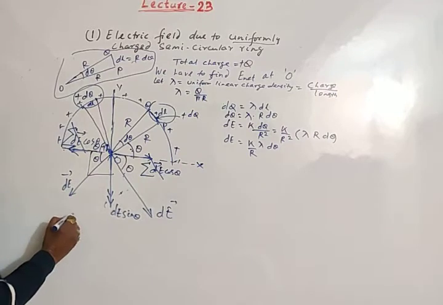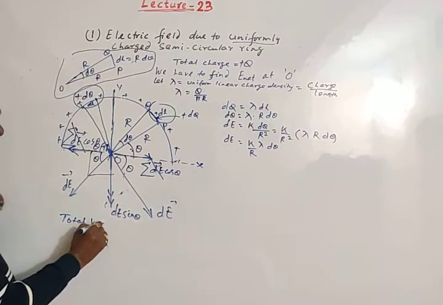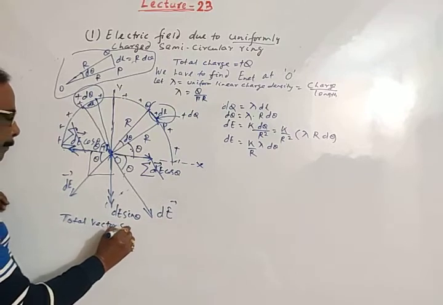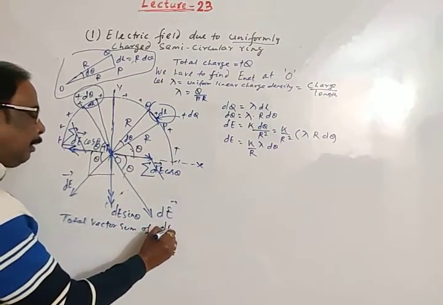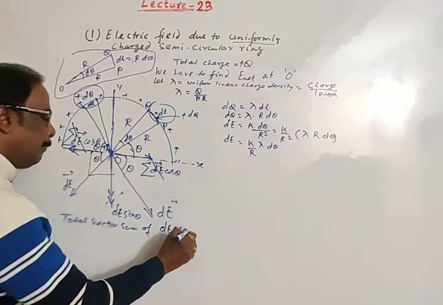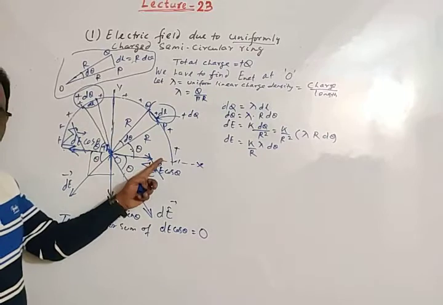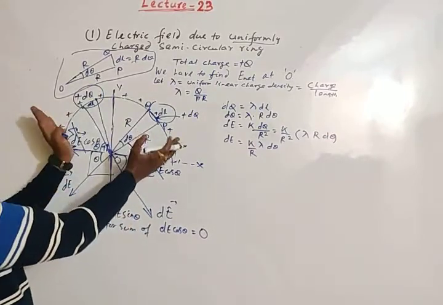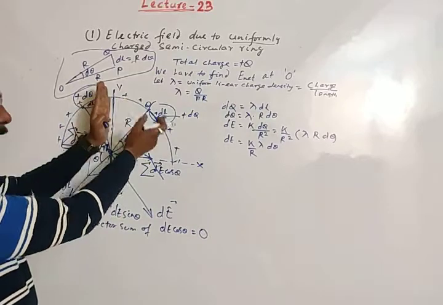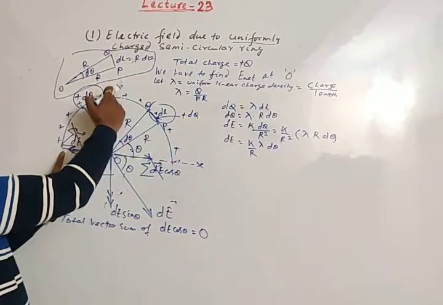I am writing here total vector sum of dE cos theta is 0, means they cancel each other. This is also in accordance with our mirror consideration. Symmetric, this length is pi r by 2, this length is pi r by 2.